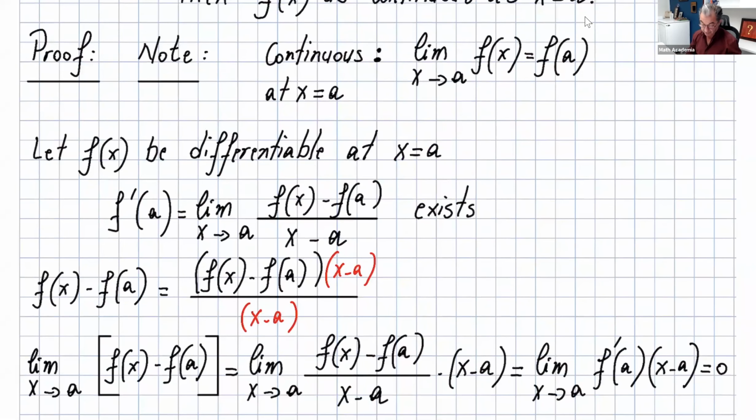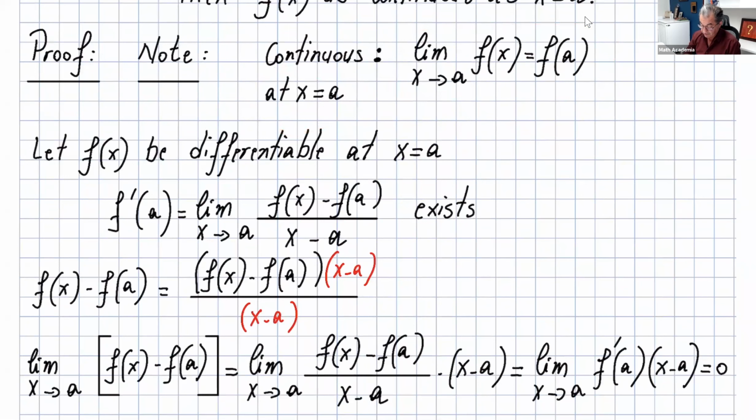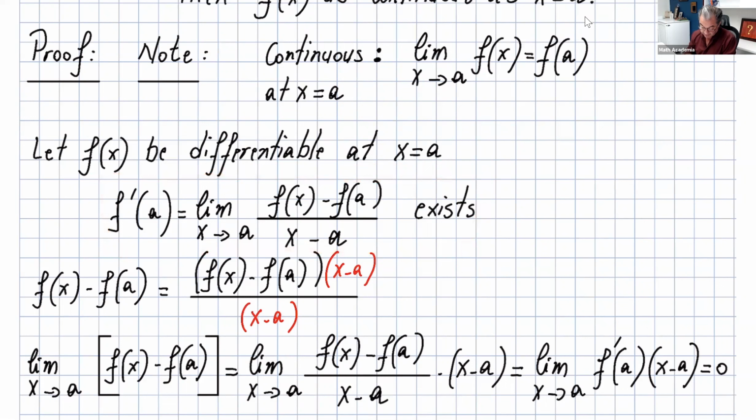And let's go over the proof of that. So we know if a function is continuous at x equals a, we have to have that the limit as x approaches a of f of x equals f of a. So if the function is differentiable, and from that we can show that this is true, then we can say that the function is continuous. Now we know if a function is differentiable at x equals a, that limit exists, and f prime of a can be written as the limit as x approaches a of f of x minus f of a over x minus a.